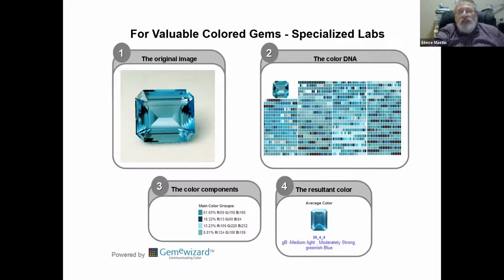And eventually it says the stone is average. And it's a medium light blue. And it's got moderately strong color. That's the saturation. And it really still has a tint of green in the blue, which is actually a good thing because that says it hasn't been heated.